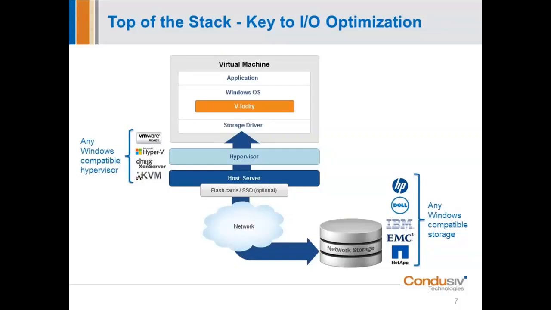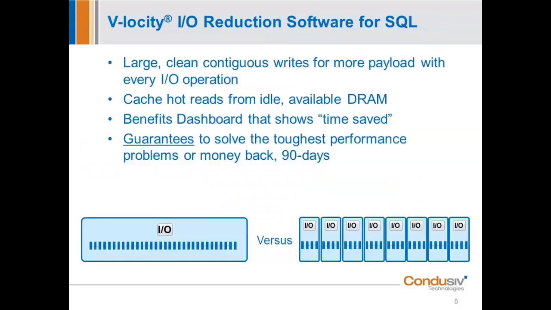And the patented caching engine is caching hot reads so they never even take the trip down your storage and back again. So hopefully this gives you an idea of where we sit within the OS. And really, at the end of the day, as GQ and I both spoke about, what we're delivering are just large, contiguous writes and more payload with every I/O operation.